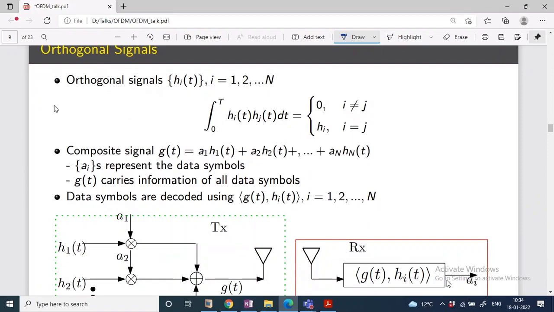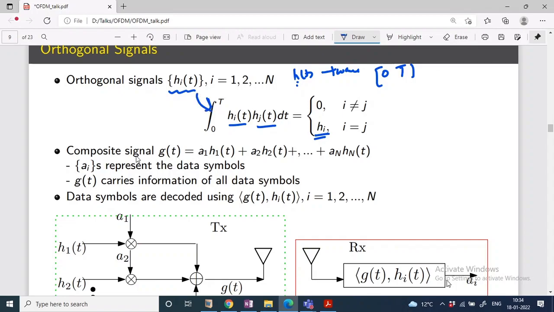You can see we have a set of orthogonal signals hi(t) of some duration T. I am considering hi(t) as some waveform of duration 0 to T. These waveforms are orthogonal if we can define it this way: the integral from 0 to T of hi(t) and hj(t), the ith signal and jth signal, is 0 if i is not equal to j, and is the energy if i is equal to j. So these are a set of orthogonal signals, meaning they satisfy this condition.